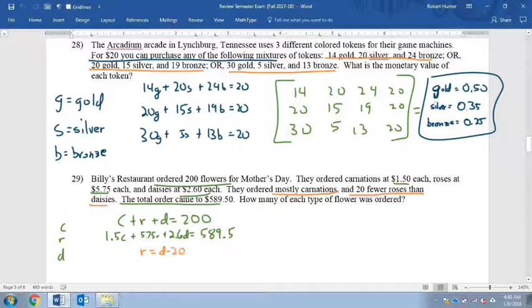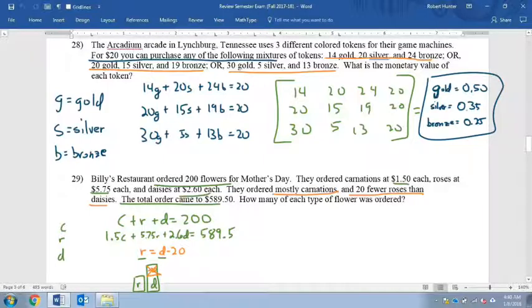Here is why. We are setting roses equal to daisies. Alright? And if there are fewer roses than daisies, think of it this way. If that's my roses, there are more daisies. There are 20 fewer roses than daisies. So to make them equal to each other, I have to subtract the 20 from the daisies.